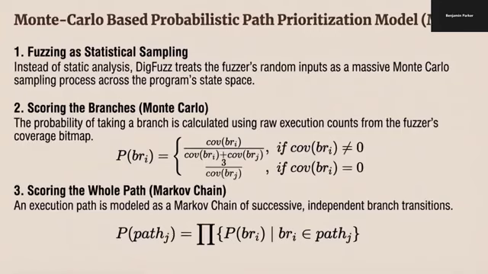It's simply multiplying all those probabilities together. By using this math, DigFuzz dynamically builds a statistically weighted execution tree in the background using only the data that the fuzzer already gathers. It scans the tree, finds the path with the absolute lowest mathematical probability, and sends only that path to the concurrent executor. No heavy symbolic constraints needed.